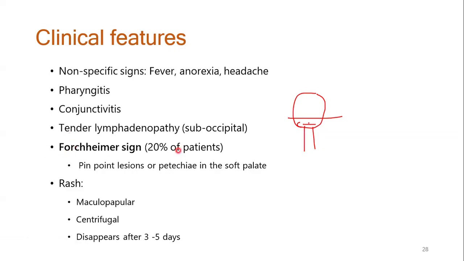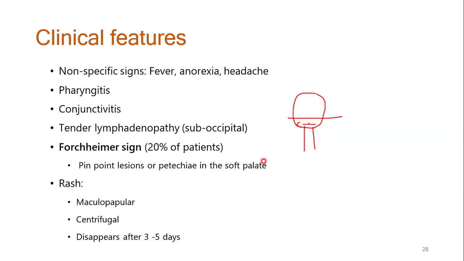Then Forchheimer's sign, which is found in 20% of the patients. So Forchheimer's sign is pinpoint lesions or petechiae in the soft palate. Okay, so the soft palate, when you open your mouth, I want you guys to do this with me. Take your tongue to the roof of your mouth and go to the back.